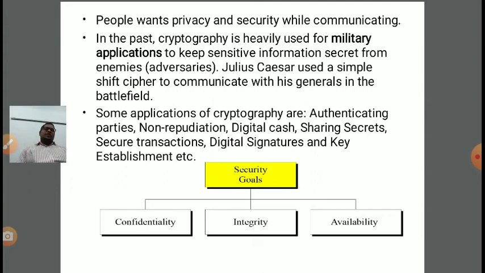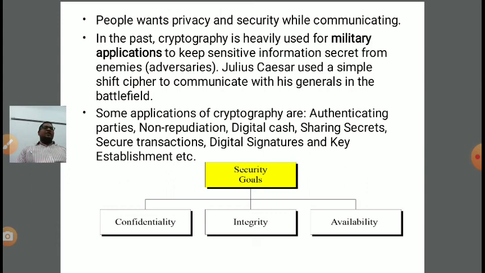So what are the various security goals? There are only three security goals. Why do we require cryptography? To provide confidentiality, integrity, and availability. Now what is the meaning of all these terms? The first term is confidentiality. Confidentiality means to provide privacy and secure transmission from sender to receiver, in a confidential manner, like in an envelope.